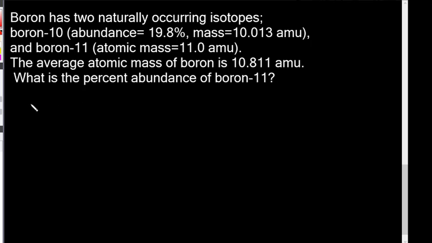So, using that formula earlier, the average mass is equal to the percentage of boron 10 times the mass of boron 10, plus, let's put that in parentheses, the percentage of boron 11 times the mass of boron 11.